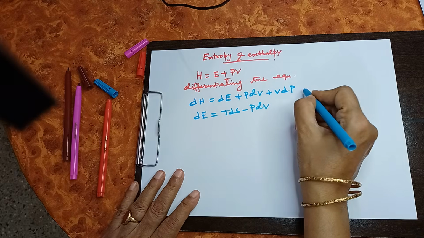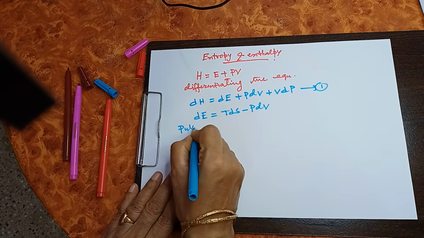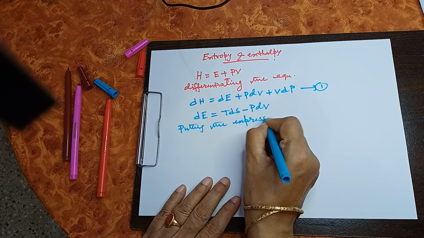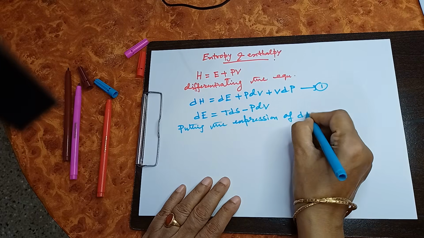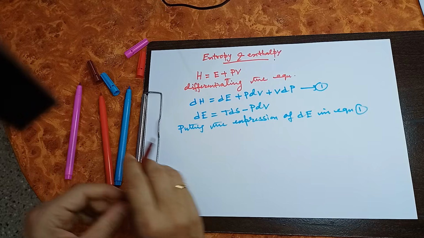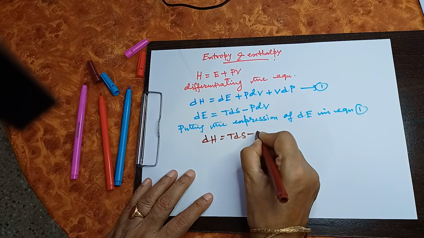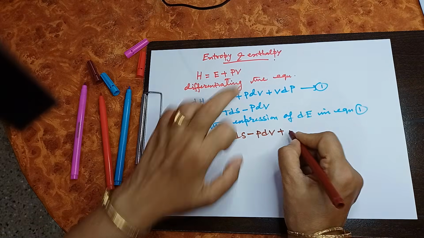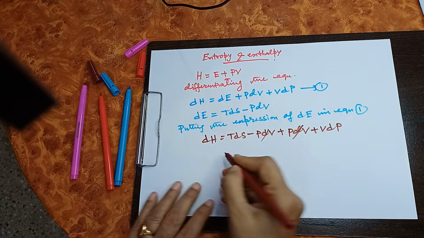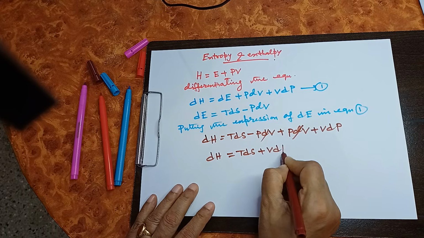Now putting this expression of dE in equation number 1, then what we are getting? dH is equal to T dS minus P dV plus P dV plus V dP. So P dV gets cancelled, and the relation is dH is equal to T dS plus V dP.